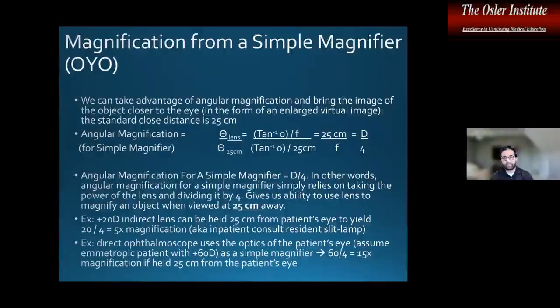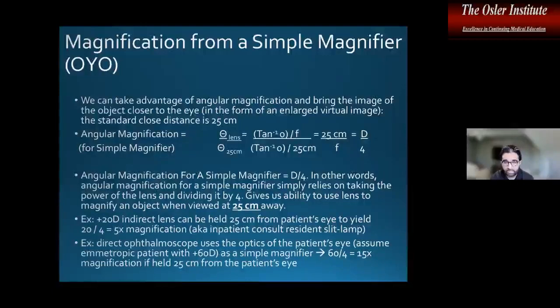Again, magnification from a simple magnifier, a very busy slide, you can read that, but basically angular magnification by convention says if you were to use a lens and hold it 25 centimeters away from an object, how much magnification can we get? So it's essentially we're going to divide that by 4. So we're going to get, whatever the power of that lens, we're going to divide it by 4.